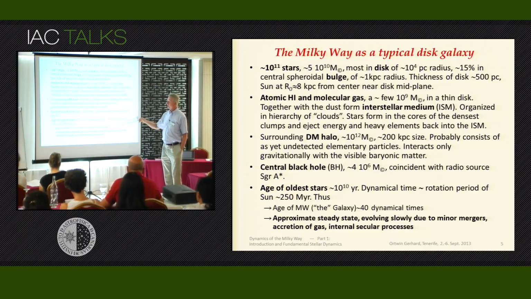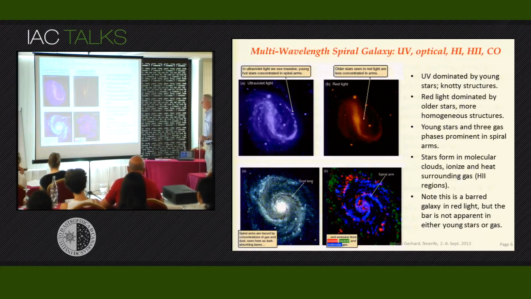So I think one sees from this already that the dynamical evolution of a system like the Milky Way is not entirely self-made. It's also due to the external environment.